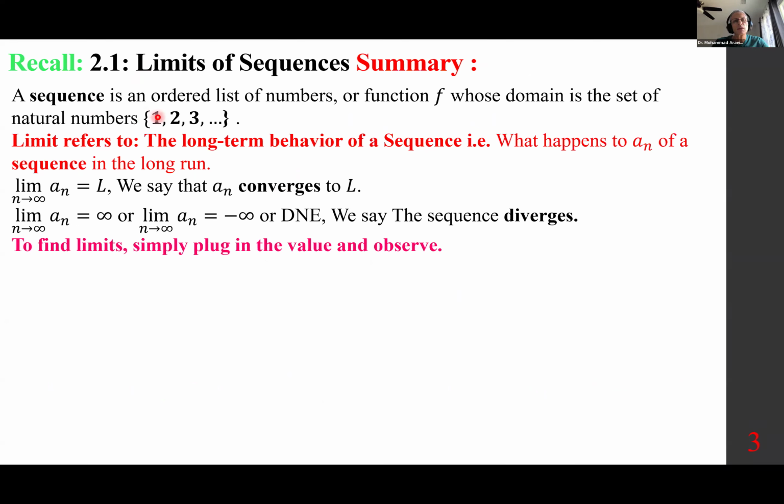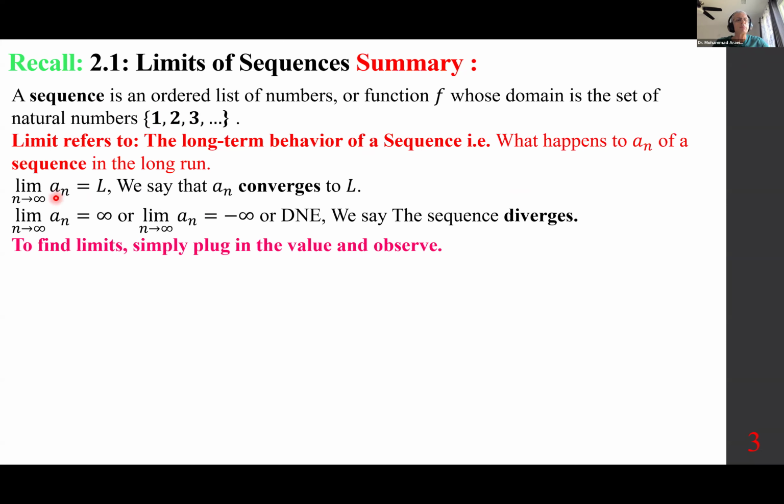A sequence is an ordered list of numbers, or a function f whose domain is the set of natural numbers. Natural numbers are 1, 2, 3 to infinity. Limit refers to the long-term behavior of a sequence, i.e., what happens to a sub n in the long run.